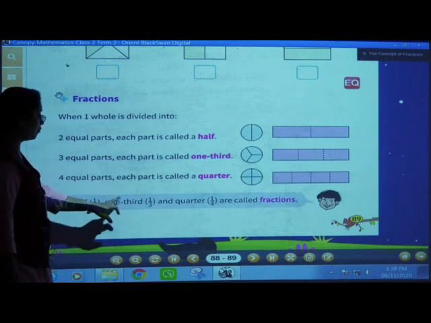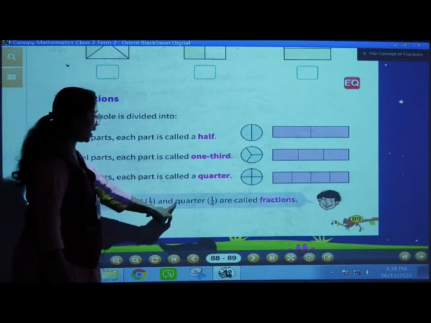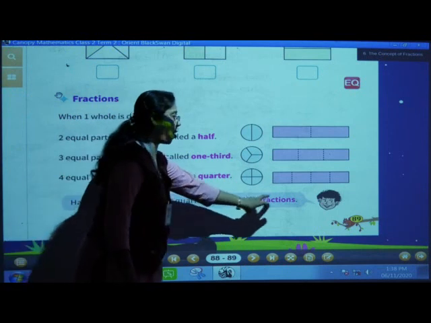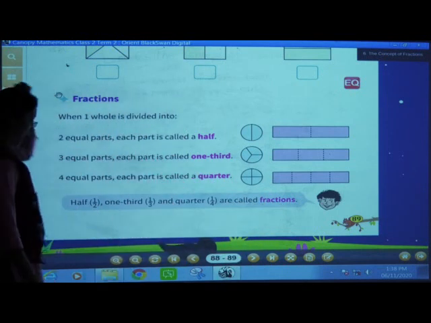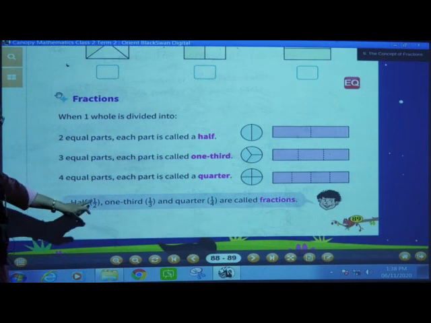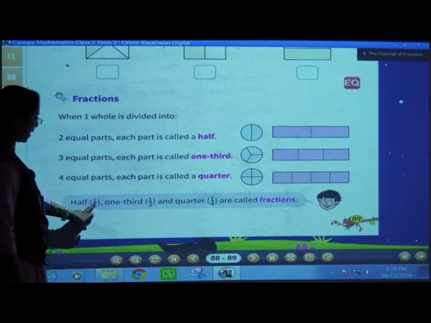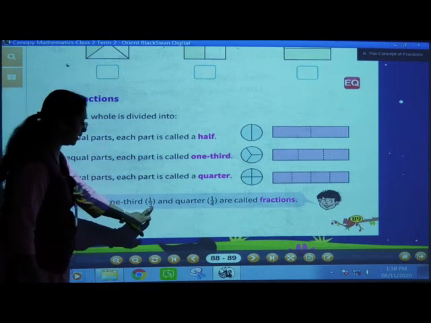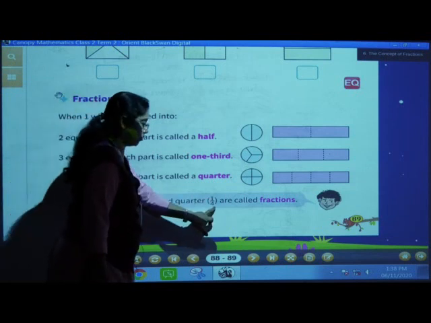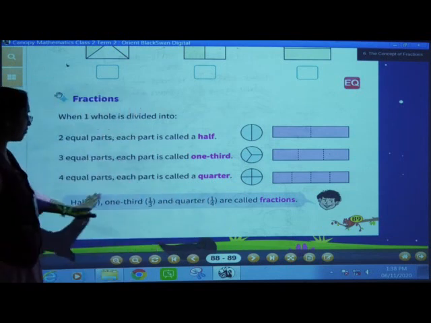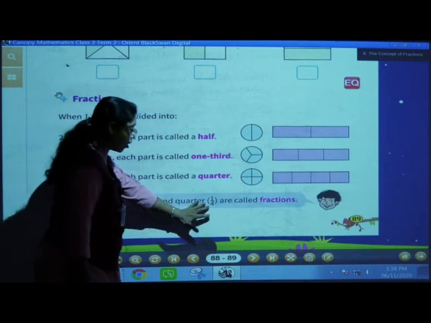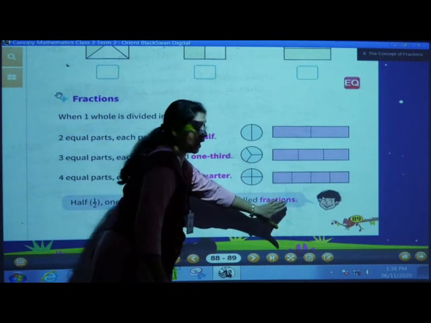Half, 1/3 and quarter are called fractions. We can write half like this, 1/2, 1/3, quarter, 1/4.